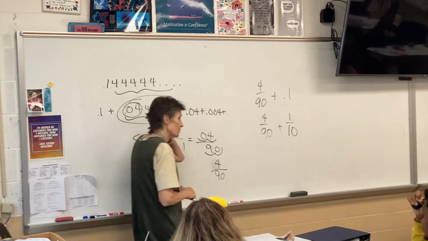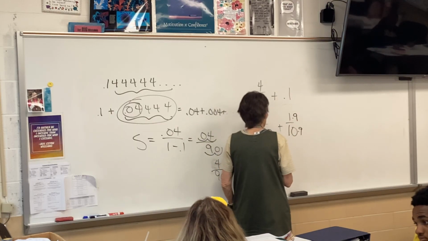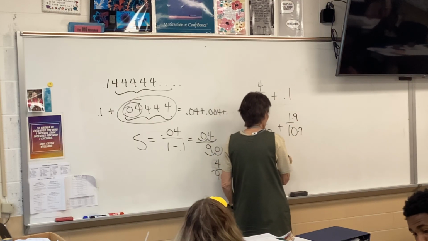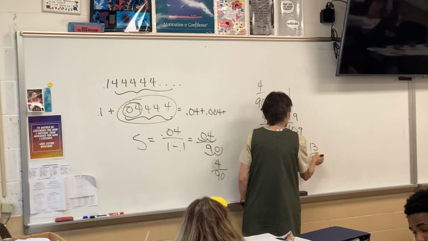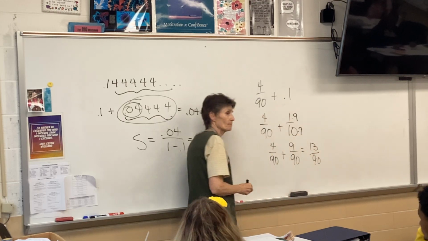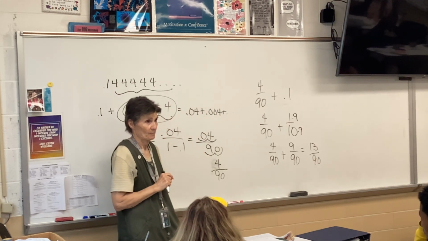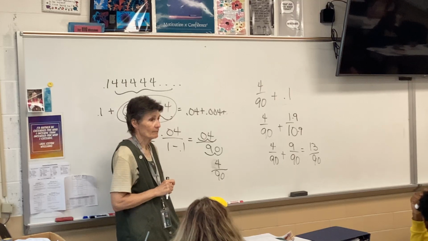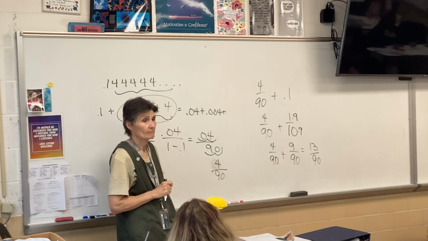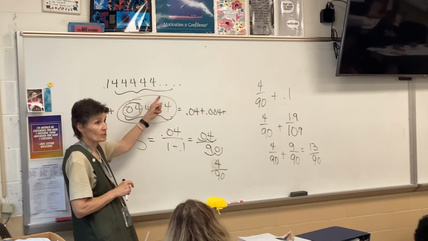I get a common denominator. So I have 4/90ths plus 9/90ths, which is 13/90ths. To check, take your calculator and divide 13 by 90. If we did it right, this is what it should say.